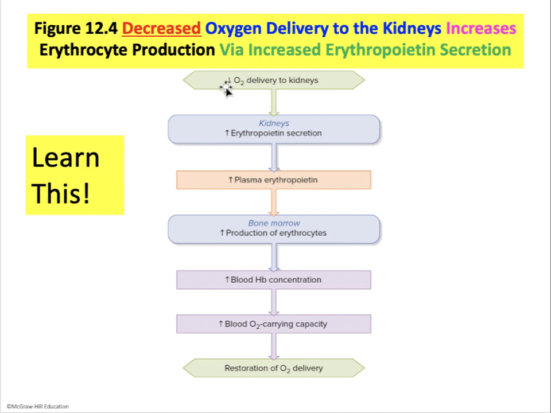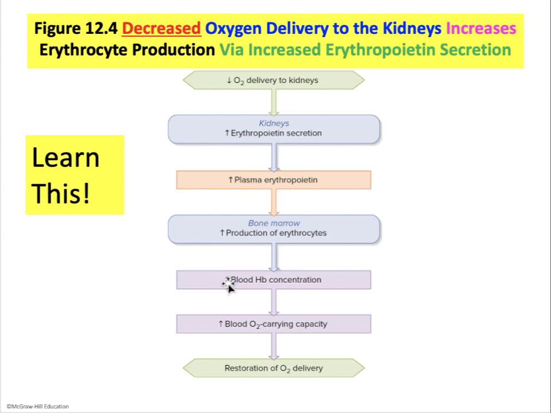Assume that the delivery of oxygen decreases to the kidneys. The kidneys respond by releasing the hormone erythropoietin, which then travels through the blood plasma, and its target cells are in the bone marrow. The bone marrow responds by increasing the production of red blood cells, erythrocytes.